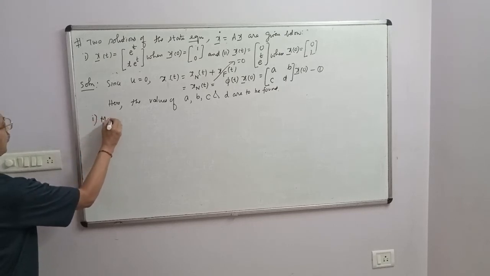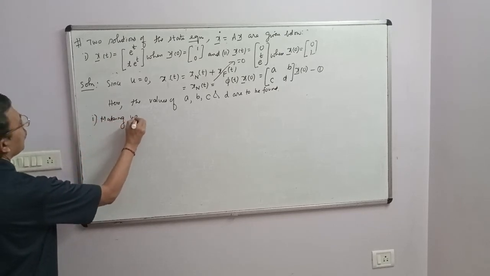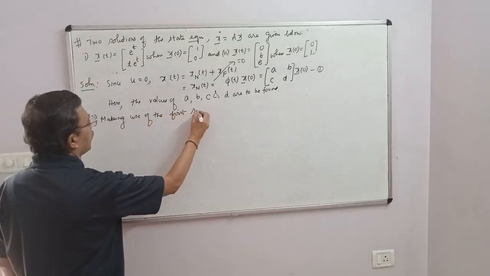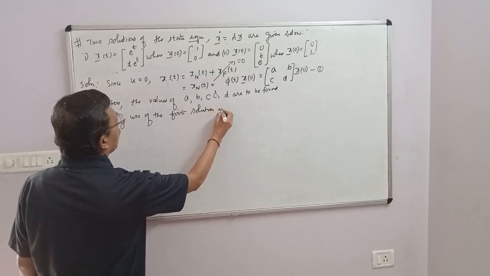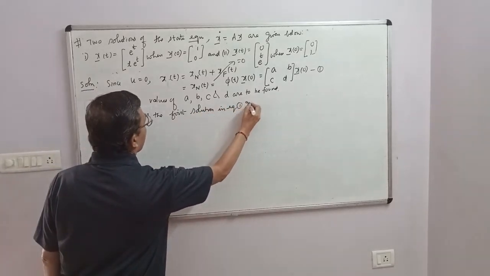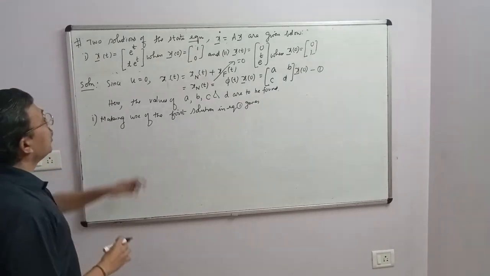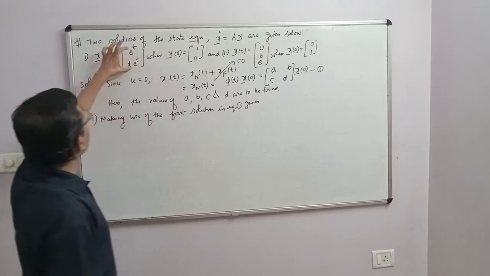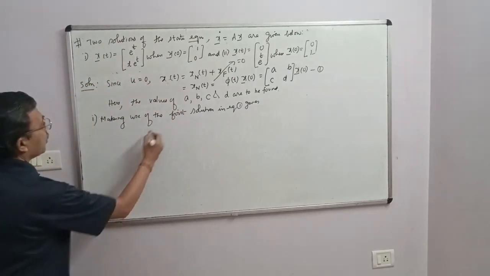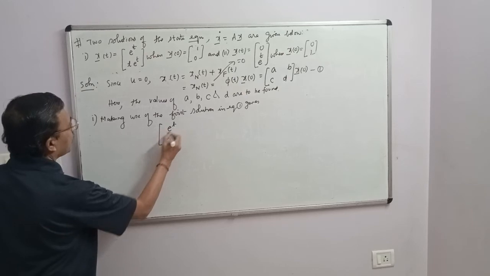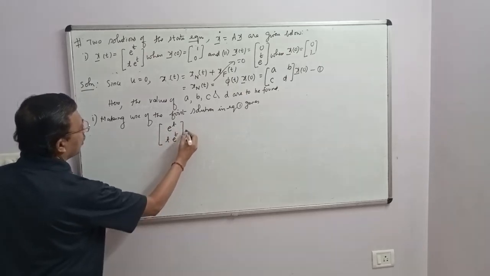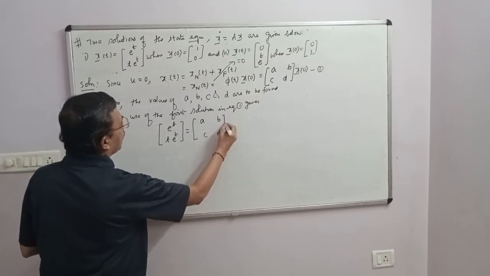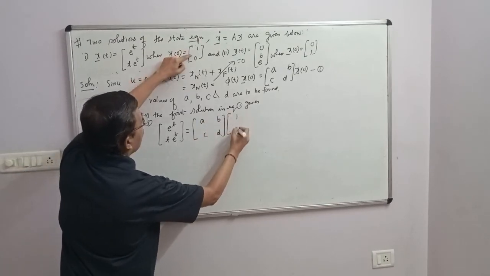First, making use of the first solution in equation 1 gives, when the initial vector is 1, 0, x of t is e to the power t, t e to the power t, equal to a, b, c, d times the initial vector 1, 0.